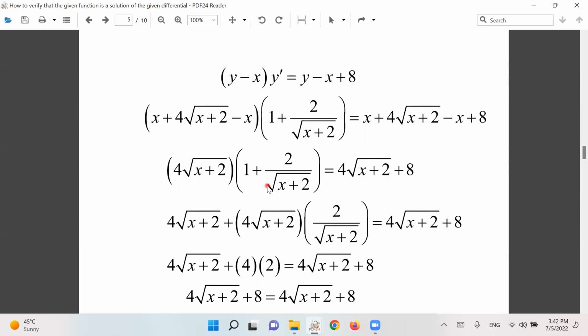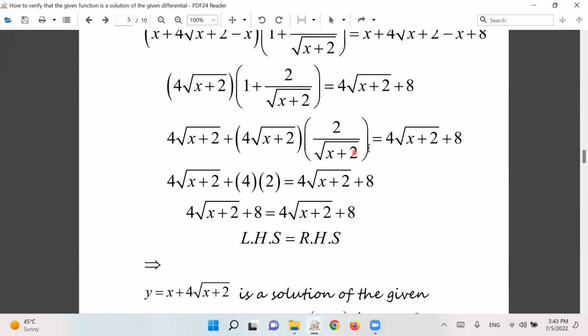After that, we can multiply this with this, and this with this. So we get 4 multiplied by this all with 1, so we get 4 times the square root of x plus 2, and this term multiplied by this. After that, 4 times the square root of x plus 2 plus 8.